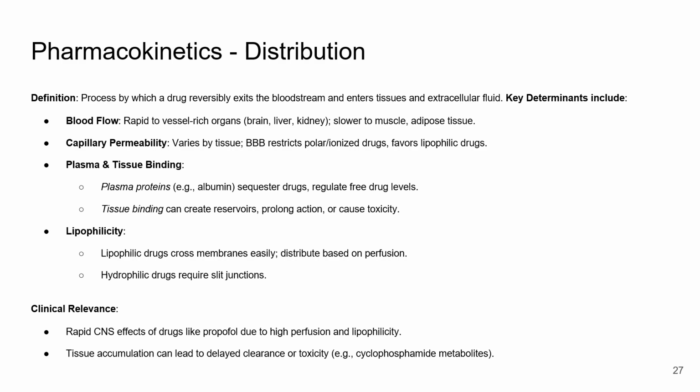And this is also why tissue accumulation of certain drugs and metabolites can lead to delayed clearance or toxicity of that drug. So keep in mind that distribution determines where the drug acts, how fast the effects are going to occur, and how long the drug may be present in the body.